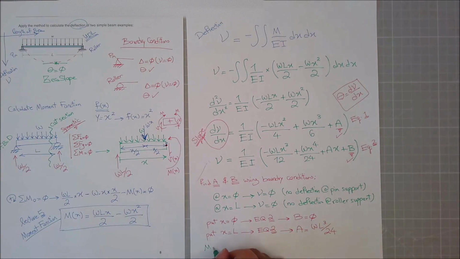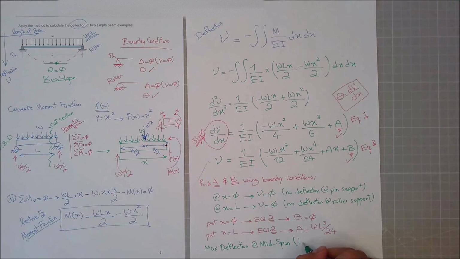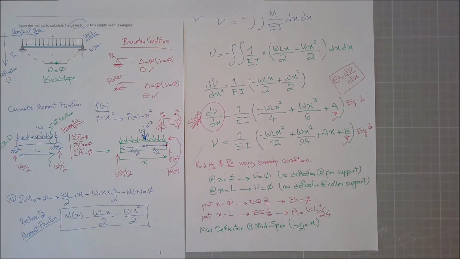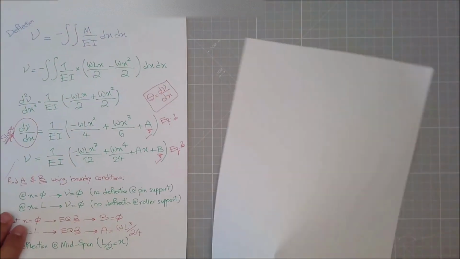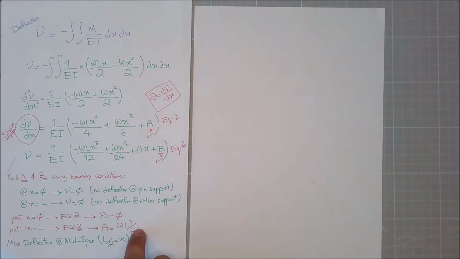So let's say maximum deflection at mid-span, which in this case, L divided by 2 is the x that I will input. If this is my equation, I can simplify it, so I can put B as 0 and A as the other one. So let's write it down. I'm just putting this instead of here.